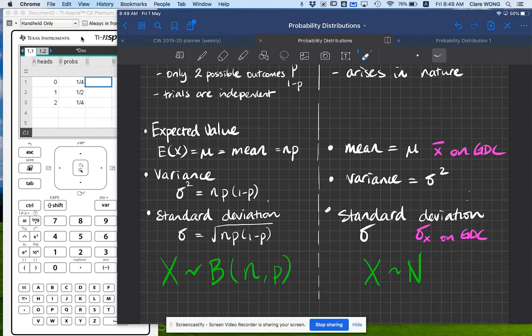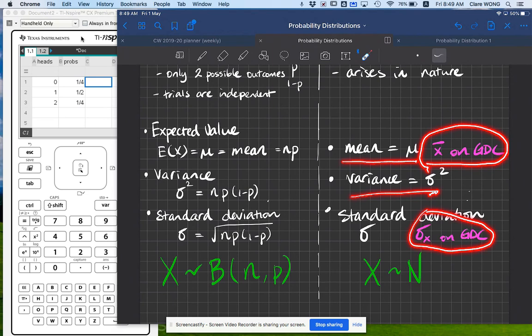The mean and the variance would usually be given in the question. But say if you don't, you can calculate the mean and the standard deviation from the GDC, and you can use those for your mean and variance and standard deviation. It doesn't happen a lot, so I wouldn't worry too much about it.